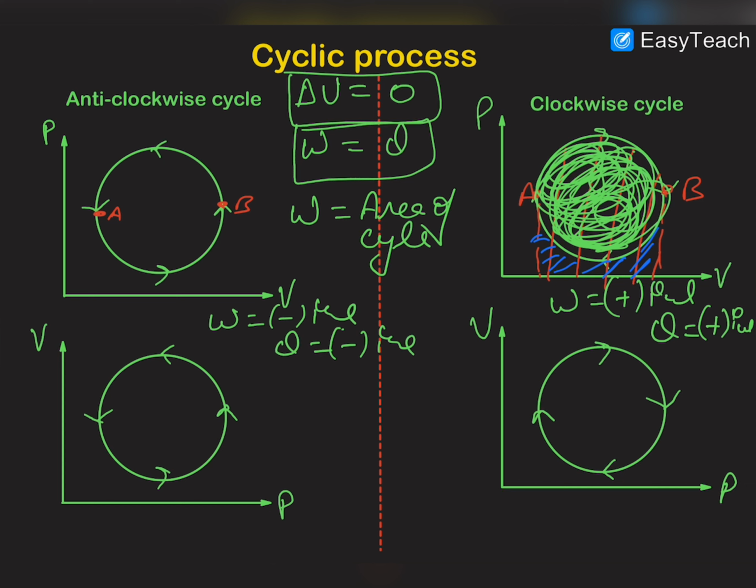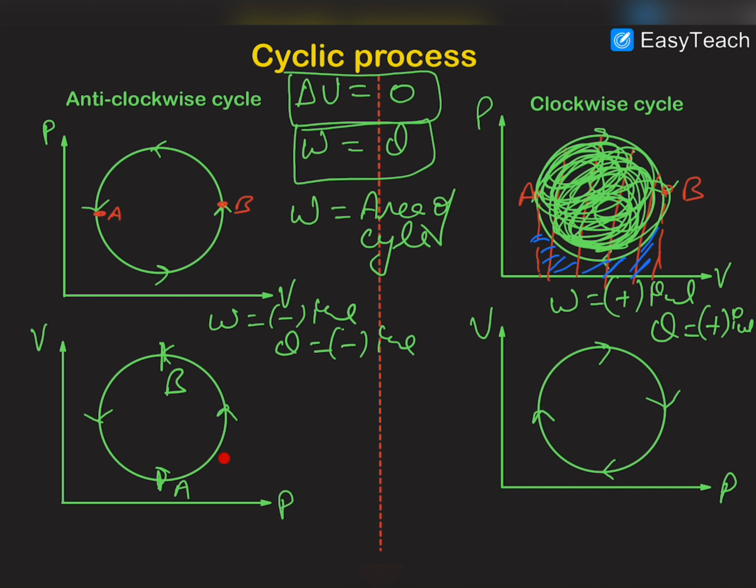But these two things are only valid when the pressure is on the y-axis and the volume is on the x-axis. In each question, before answering, you have to check whether pressure is on the y or on the x-axis. If we interchange the pressure and volume axis like this, then if the gas is going from A to B, this is expansion, and expansion is occurring at higher pressure.